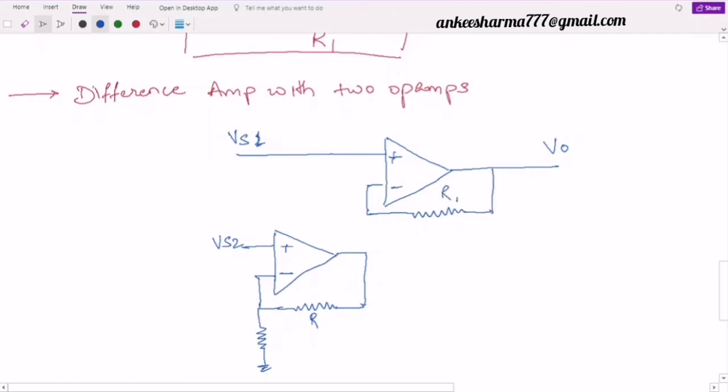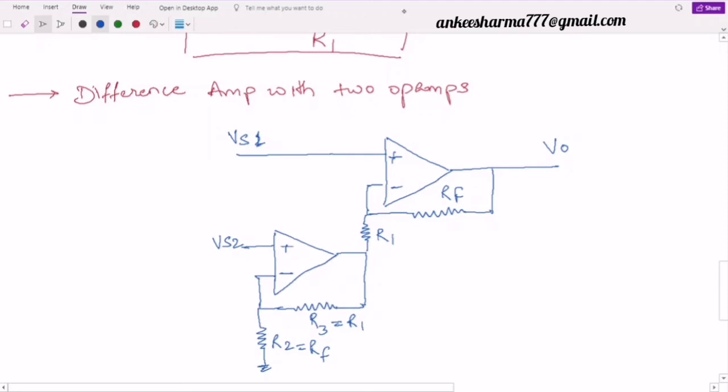Let this be RF. And if I connect this with a resistor over here, let this be R1. Then this will be my R3 and this will be my R2, where R3 is equal to R1 and R2 is equal to RF. Right? These are my two assumptions over here.